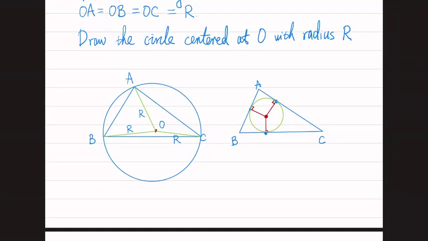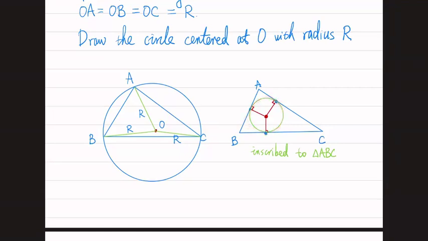Okay, so the incircle is inscribed in the triangle. So it's tangent to the 3 sides.